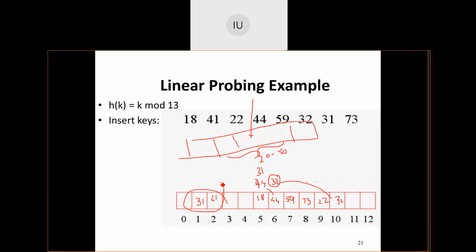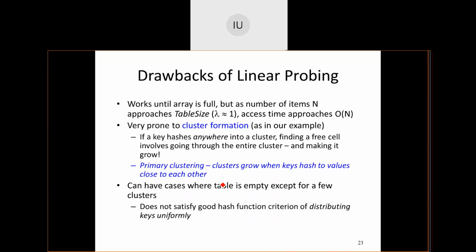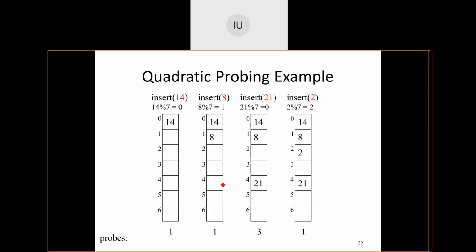So there is more of a distributed environment compared to linear probing, where we talked about clustering. But this quadratic probing also has a problem. Okay, let's go ahead with the next set of slides where I'll show you how quadratic probing will lead to a problem.